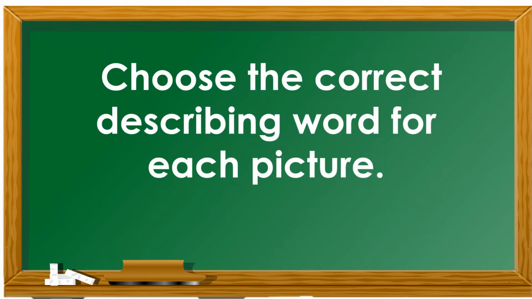So, now let's practice using adjective. So, the first activity that you're going to do is to choose the correct describing word for each picture. Okay? So, ang dinidescribe natin ay noun. Yung tao, bagay, hayop, lugar, o even pangyayari. So, yun yung dinidescribe natin.